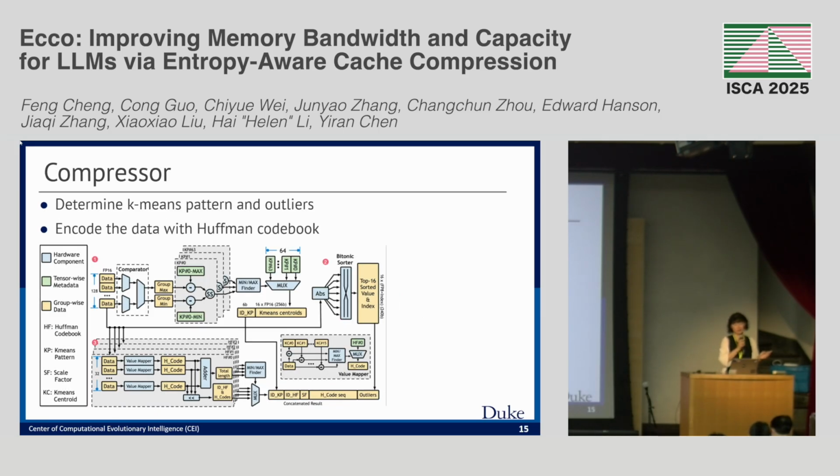The compressor is placed between the L2 and the memory. It is used to reduce the KV cache data and also the activations going to memory. It starts with selecting the k-means pattern through minimum and maximum comparison, and then it runs parallel Huffman encoding to compress data.